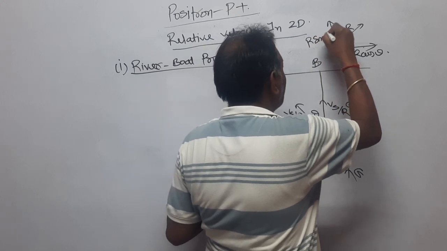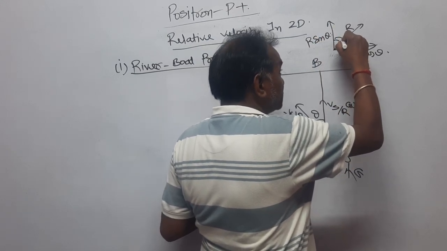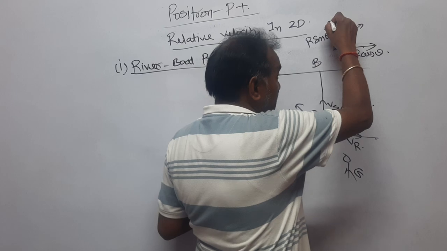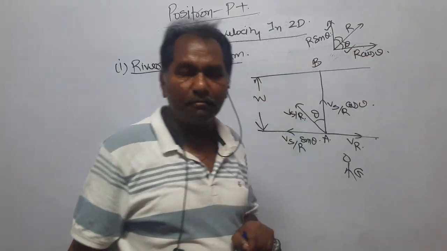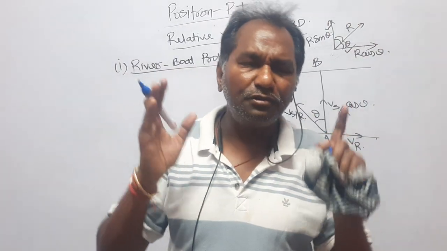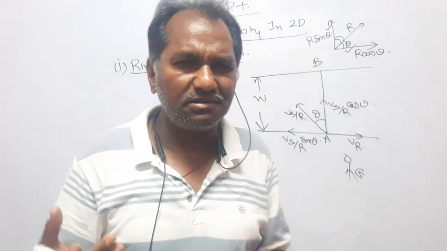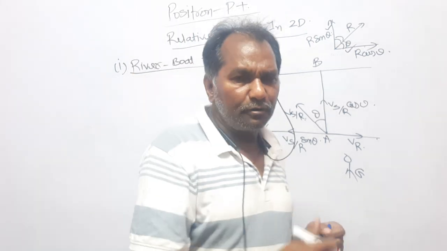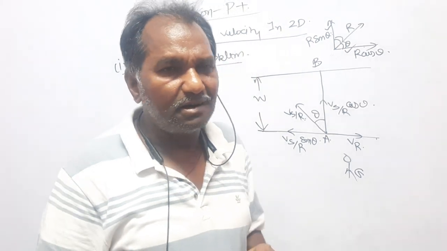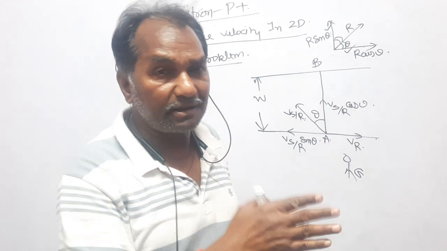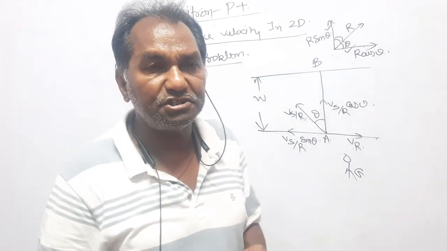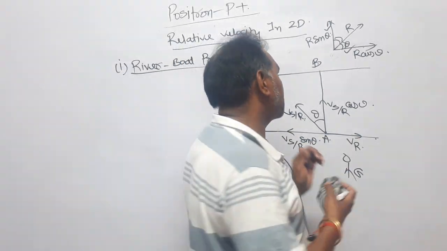This is R sin theta. If this angle would have been theta, then this would have been the cos component and this the sin component. So you need not always create the triangle. Just the component which is adjacent to the angle is the cos component, and the perpendicular component which is away from the angle is the sin component.